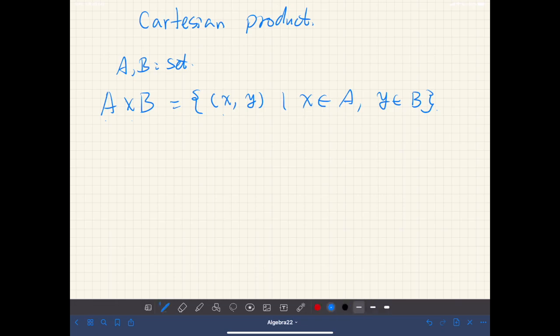For example, let's say A is a set of 1 and 2, and B is a set of 2 and 3.